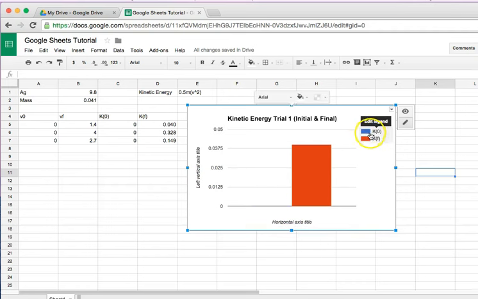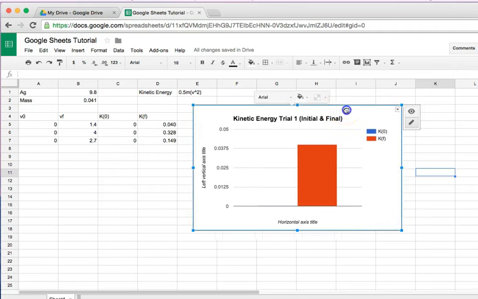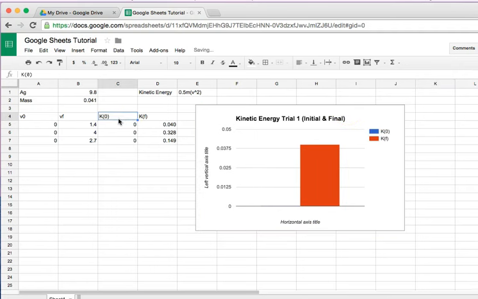One thing that's really important is you do need to highlight the actual K initial and K final so that it comes up in your legend here. Now you may be like, where is K initial? If it's blue, I don't see anything. That's because based on our trial, K initial is 0, so there is no actual column graph to show us, okay?